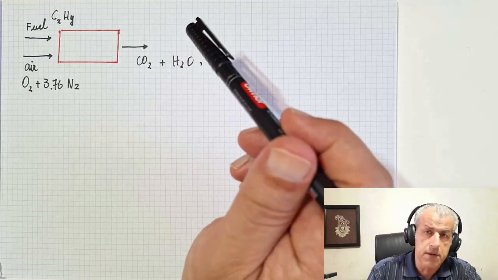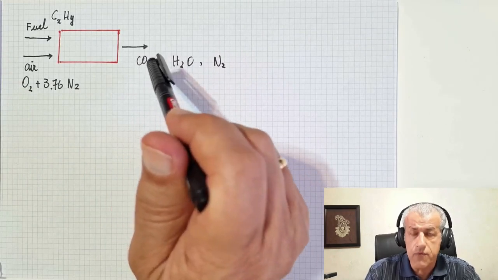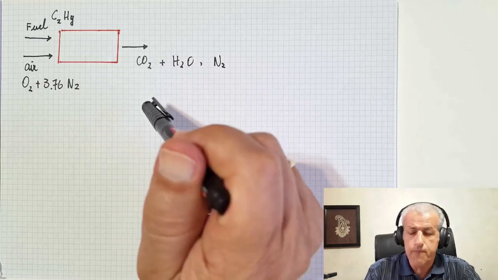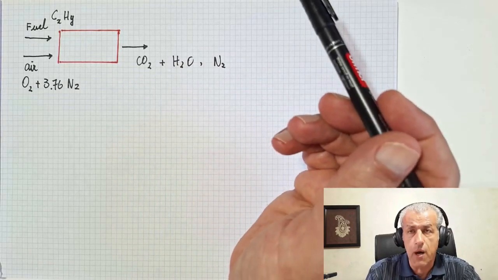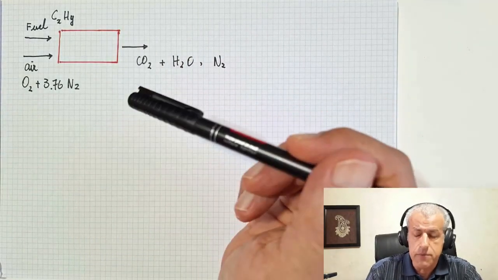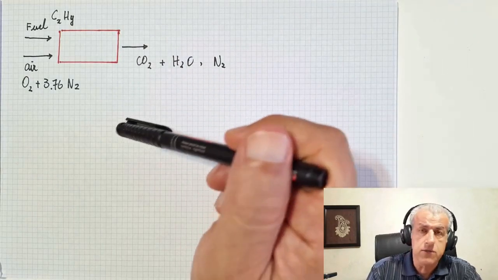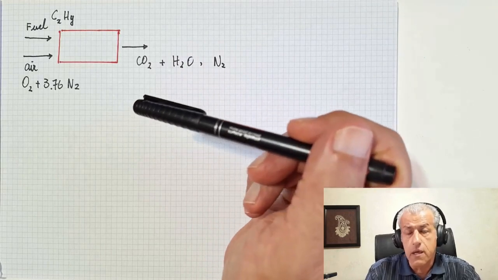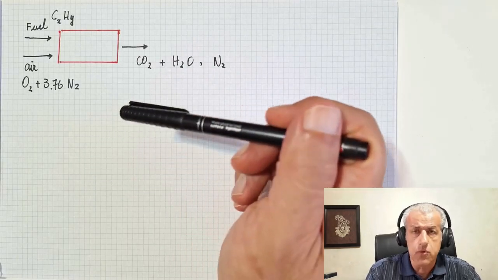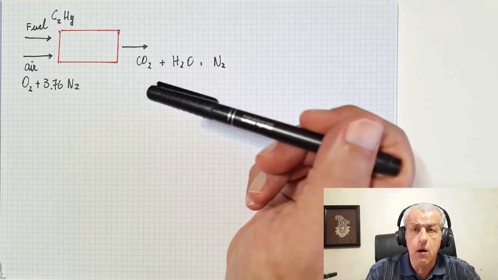Of course, in the real combustion, not all carbon finds two oxygens, so there might be CO, and also there might be some oxygen which hasn't found carbons, and also nitrogen could enter the combustion and produce NO or NO2, or NOx as it is called, which are all pollutants.